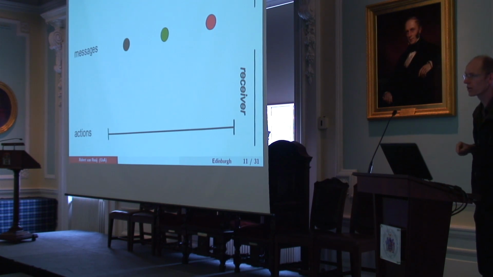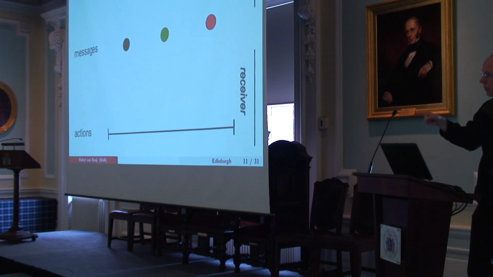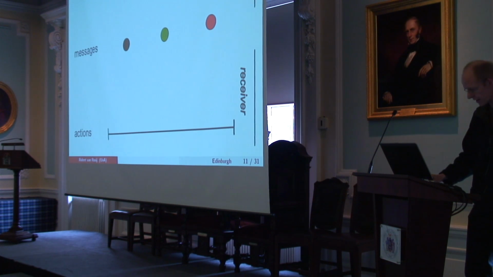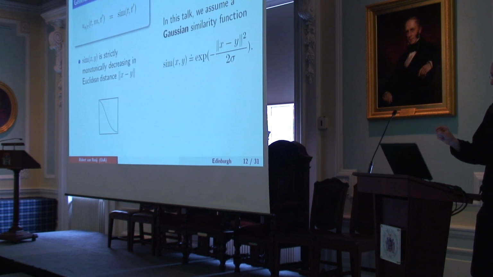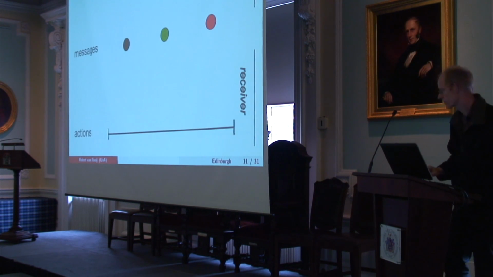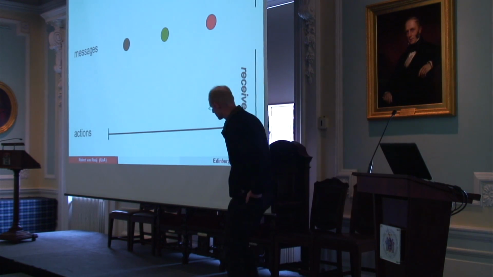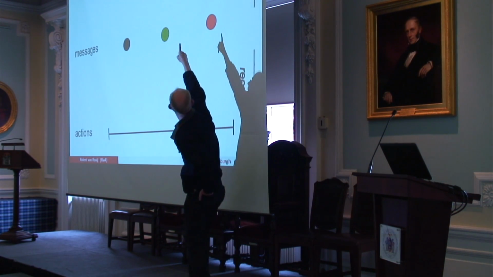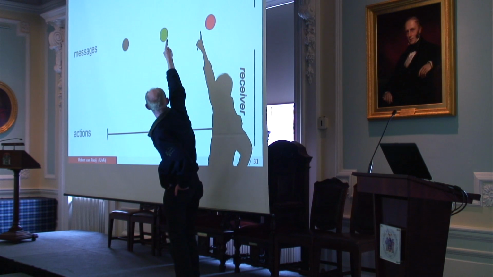And the hearer or the receiver has to choose one of the points on the line again. And the utility will be how similar the action is to the state. Let's say the receiver is at that point, right?